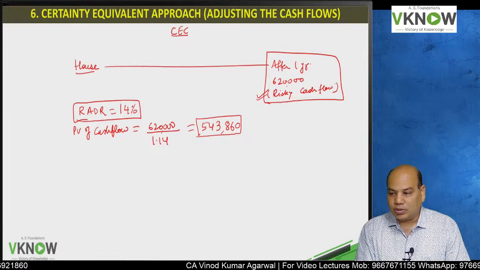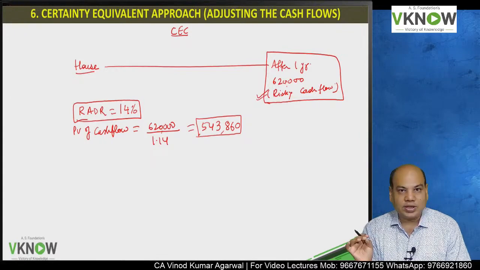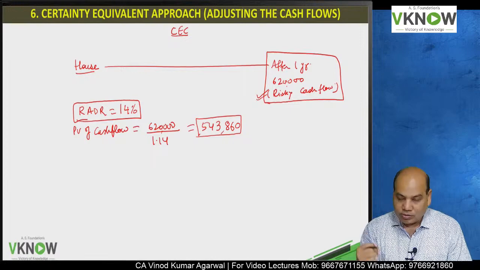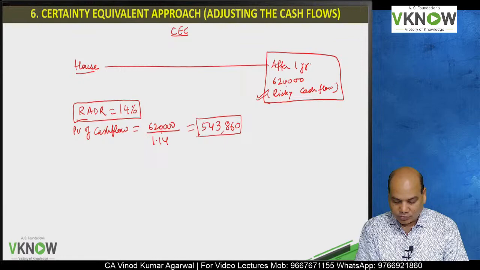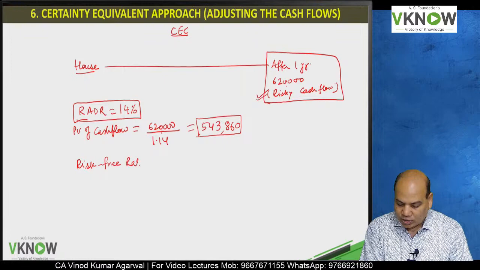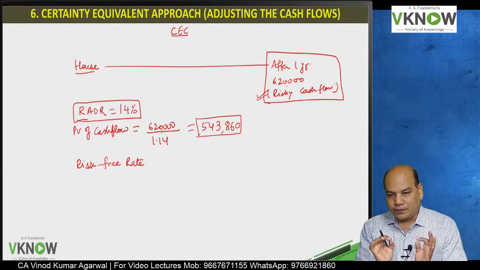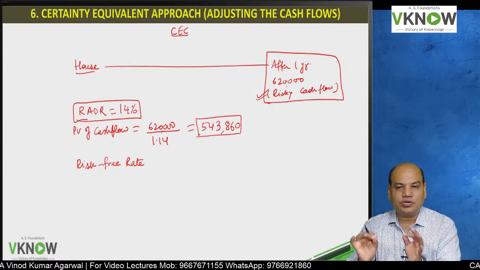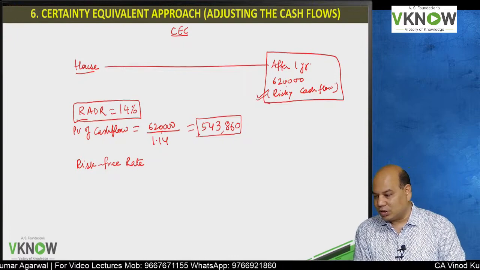My friend tells me he is willing to purchase the house and is going to give me the guarantee. How much amount should I charge him? Should I charge him the same amount, 6,20,000, or a lower amount? A friend is willing to give me an assurance that he is going to purchase the house after 1 year for 6,20,000.